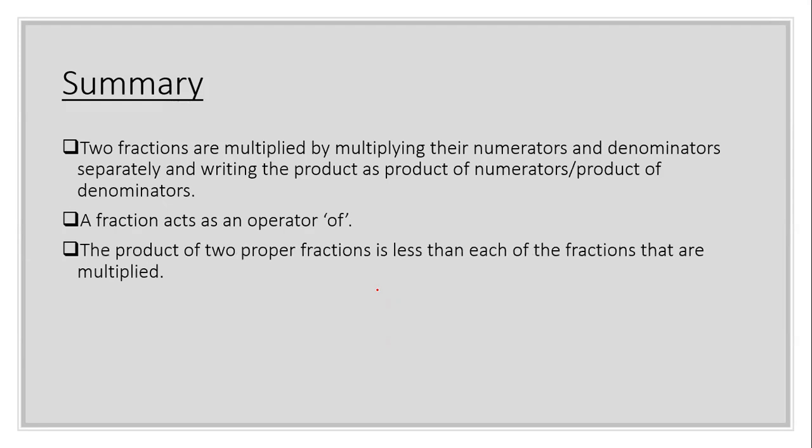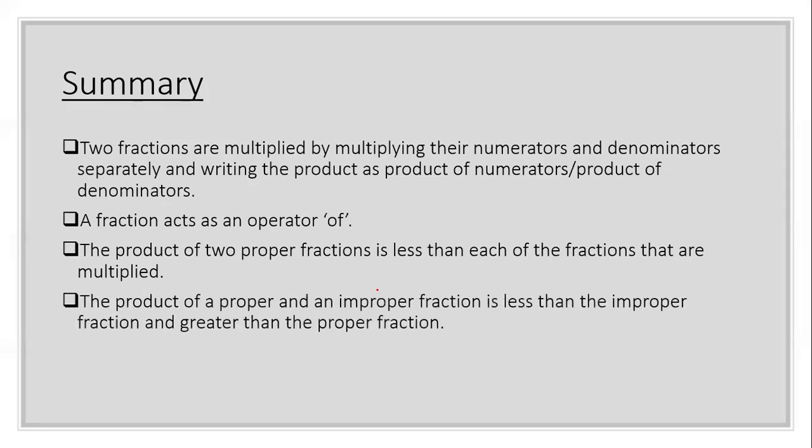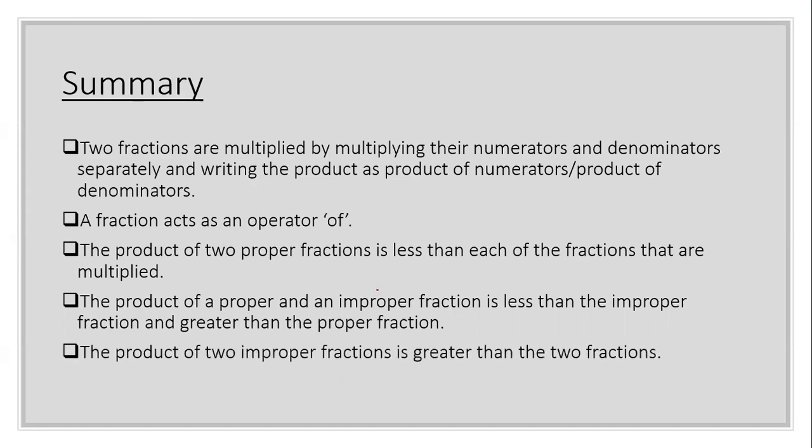The product of two proper fractions is less than each of the fractions that are multiplied. The product of a proper and an improper fraction is less than the improper fraction and greater than the proper fraction. The product of two improper fractions is greater than the two fractions.